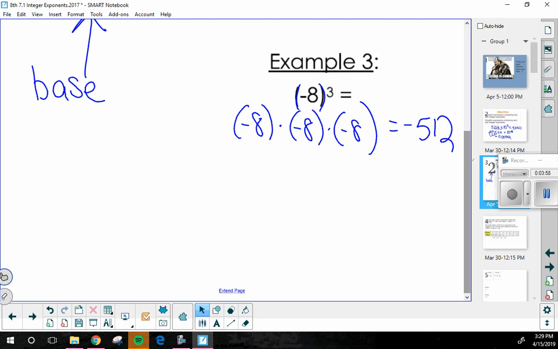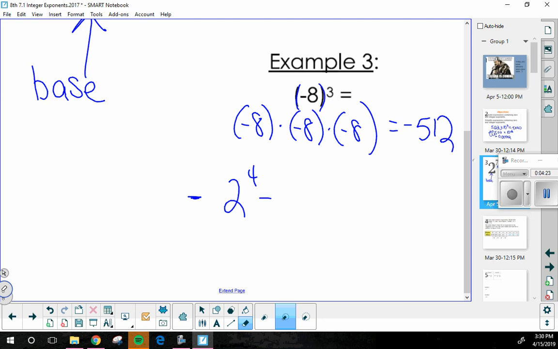You could also have a -2 to the 4th. That negative is not in parentheses. So that negative sign is just hanging out. Kind of somebody like loitering outside of a store, just hanging out, hanging around.